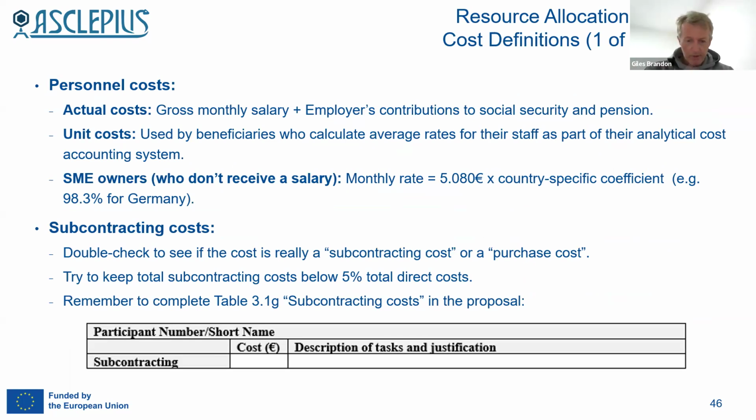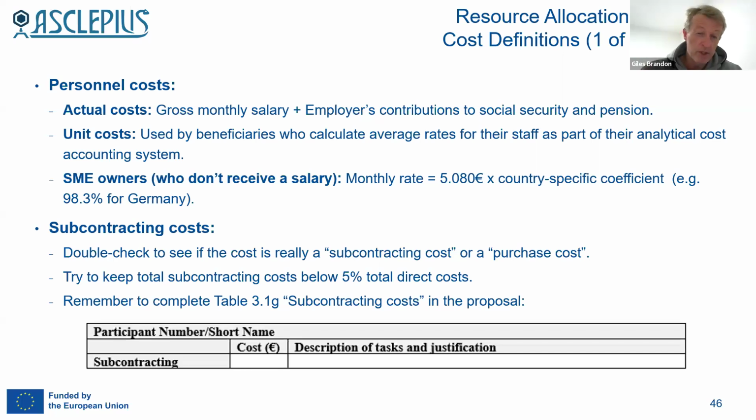So we've got these different models, lump sum and reimbursement, but in fact, with either approach, you still have these different cost categories. Under the different cost categories, you have things like personnel costs. The thing to be aware of when you're dealing with personnel costs, in other words, people's salaries, is that when you're putting a person's salary cost into a budget for these Horizon Europe proposals, it's not only the gross monthly salary that you need to think about.